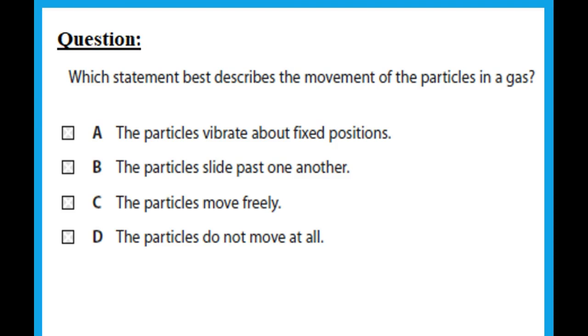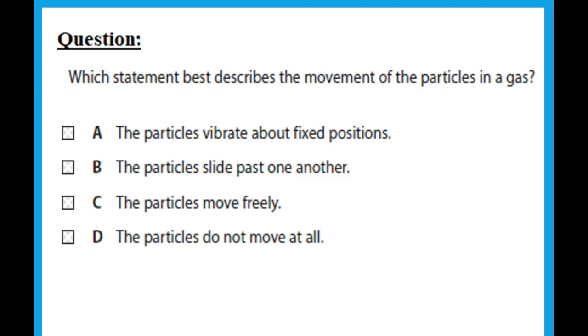The next question says, which statement best describes the movement of particles in a gas? So you need to choose one of these answers. The particles vibrate about fixed positions. Remember, he's talking about a gas. Is that correct with respect to a gas? No, we talk about vibrating about fixed positions if we're talking about a solid, not a gas.